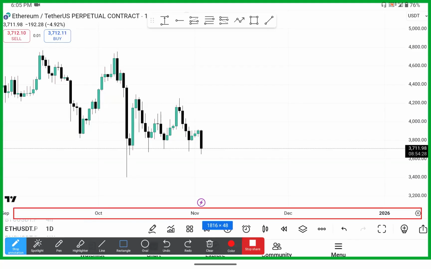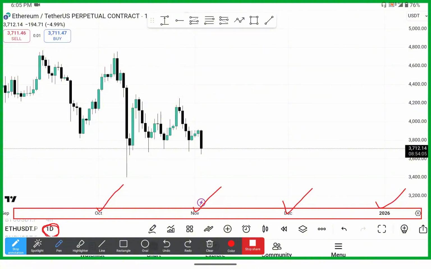This is the x-axis that keeps time in recording. This is October, this is November, this is December, this is 2026. You get into a new year. So you should keep an eye on this. This is my time frame.